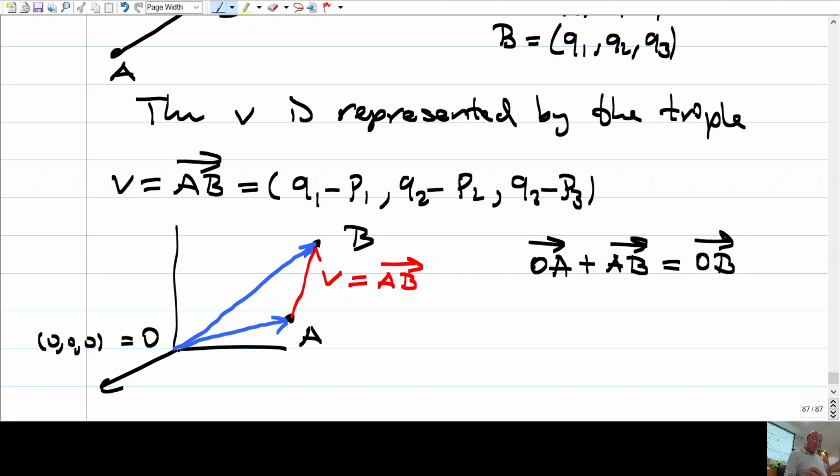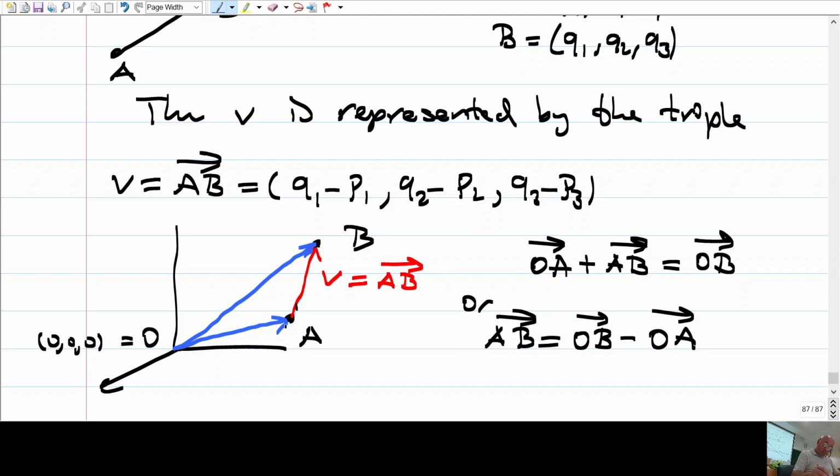Because I take this vector and from the tip of this vector, I have the vector V. So the vector OB starts from the starting point of the vector OA and ends at the tip of the vector AB. Therefore, OA plus AB is just OB, or AB is just OB minus OA.